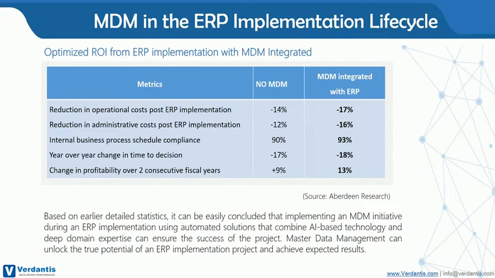That moves the dial if I'm looking at shareholder value, key performance indicators for the finance team, the controller, CFO, treasury, and the executive team. So the purpose of me including these is really to validate that the role of MDM in an ERP consolidation or implementation is really about bringing additional business value into the ROI equation.